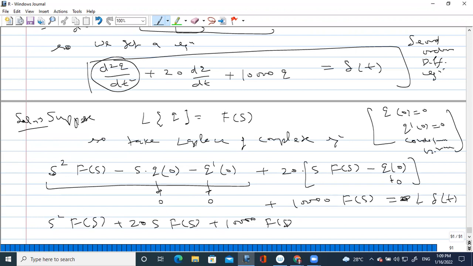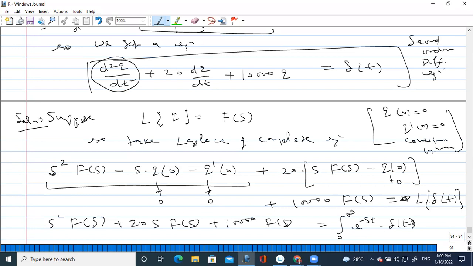Okay, so this will be equal to, now Laplace of Dirac delta function t, I told you how to solve this. Integral 0 to infinity e to the power minus st into Dirac delta t. If it is t minus a, then the point will be a. If nothing is there, we can write it t minus 0.